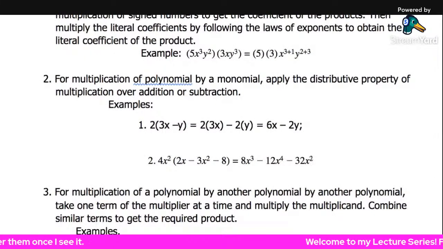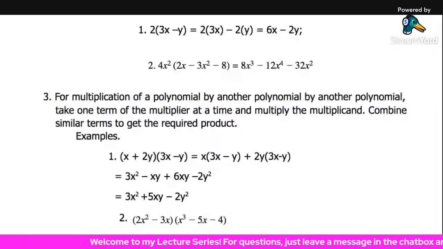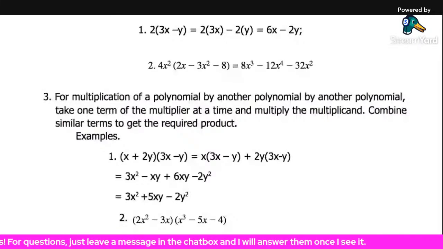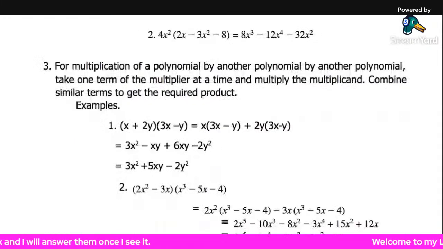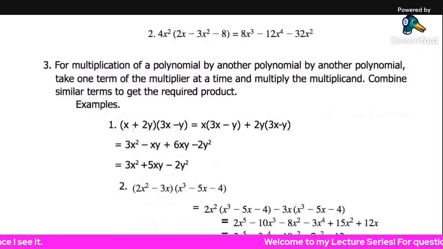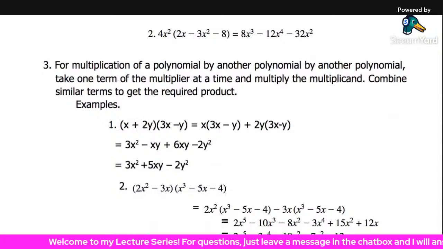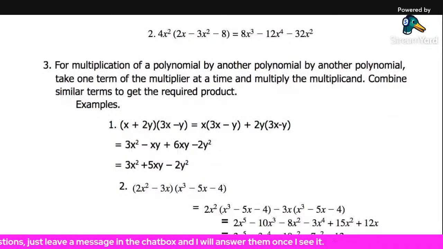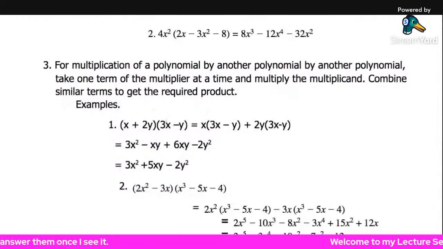So that's simple. Now, for multiplication of a polynomial by another polynomial, take one term of the multiplier at a time and multiply it with the multiplicand. Combine similar terms to get the required product. The process is pretty long. For a binomial multiplied by a binomial, you can distribute the first term first, and then the second term to the next one, and then you just group similar terms and you get the final answer.